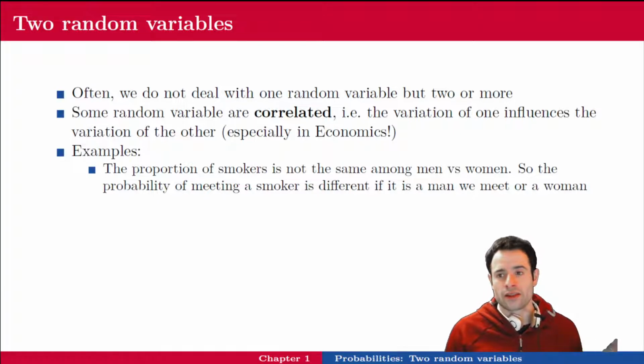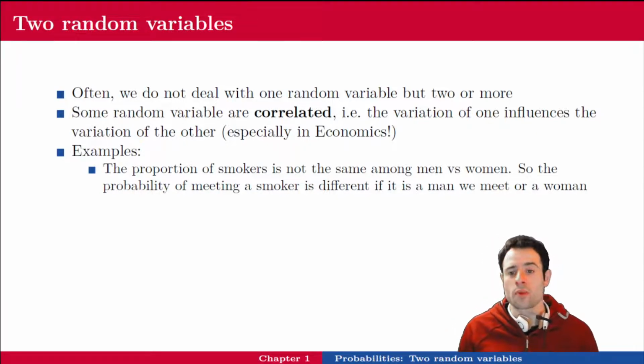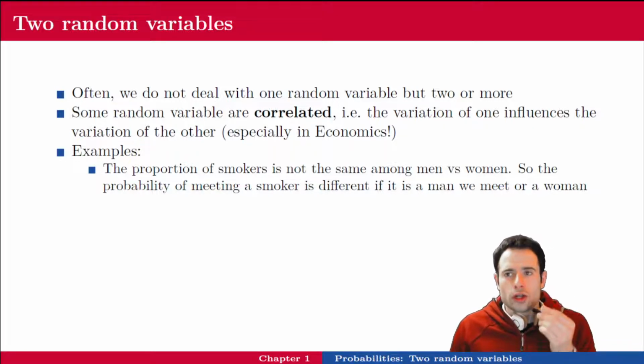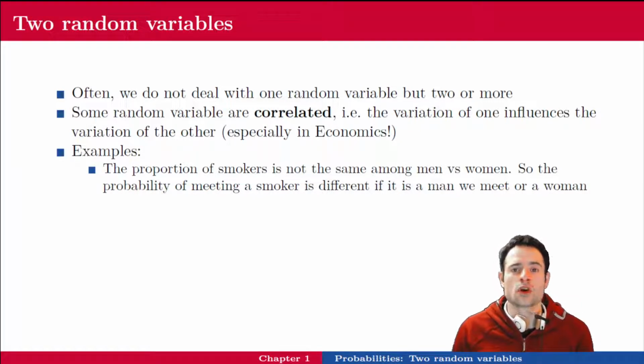I can think of Canada for sure, France for sure, probably the US as well, and probably other European countries. So the random variable that is equal to the next person I meet is a smoker. The probability of meeting a smoker will be different if I am meeting a man or if I am meeting a woman. And so gender will be correlated with smoking status.